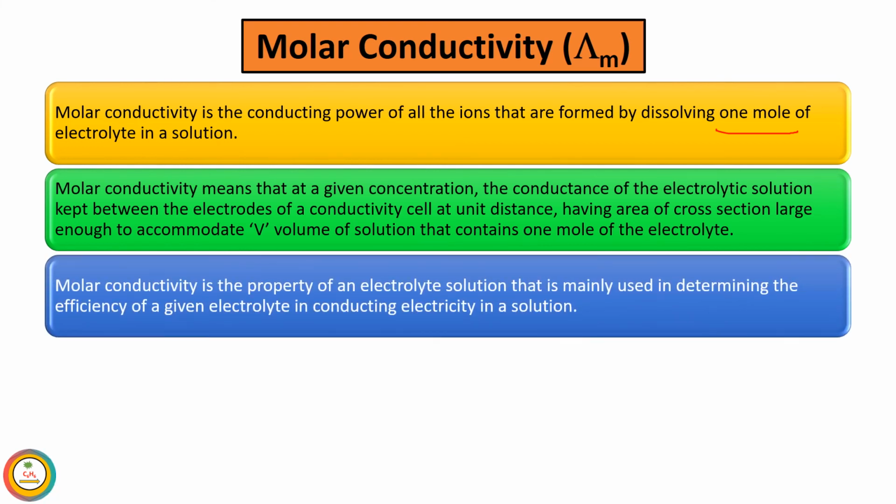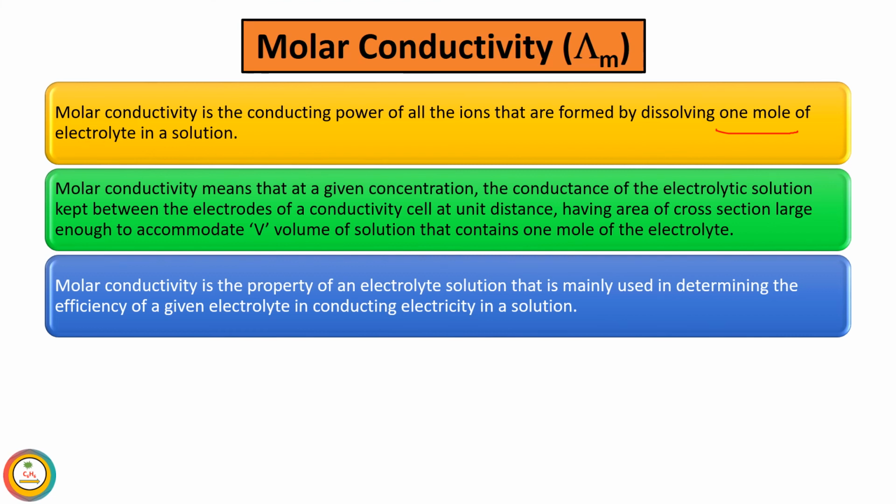Molar conductivity is the property of an electrolyte solution that is mainly used in determining the efficiency of a given electrolyte in conducting electricity in a solution. So this is the efficiency factor.